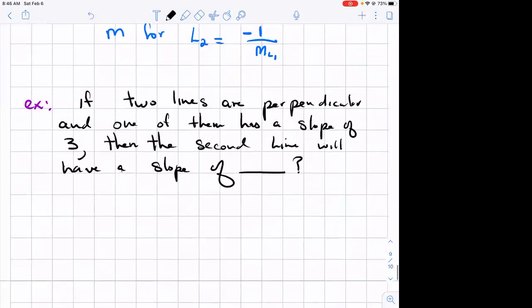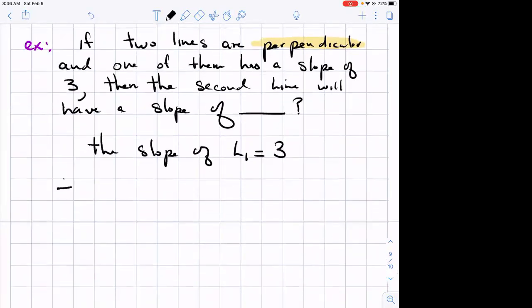Okay. Now you notice here that these lines are perpendicular. So if one of the lines, let's say line 1, the slope of line 1 is equal to 3. Therefore, the slope of line 2 must be the opposite, negative, and the reciprocal of 3, which is 1 over 3. Okay?